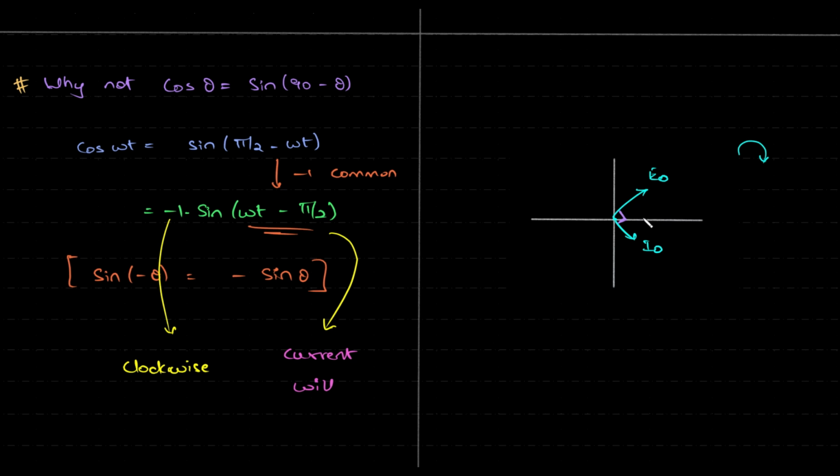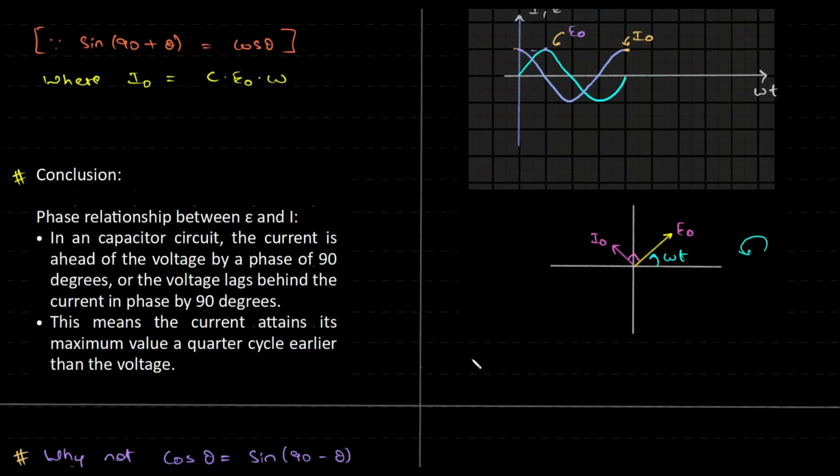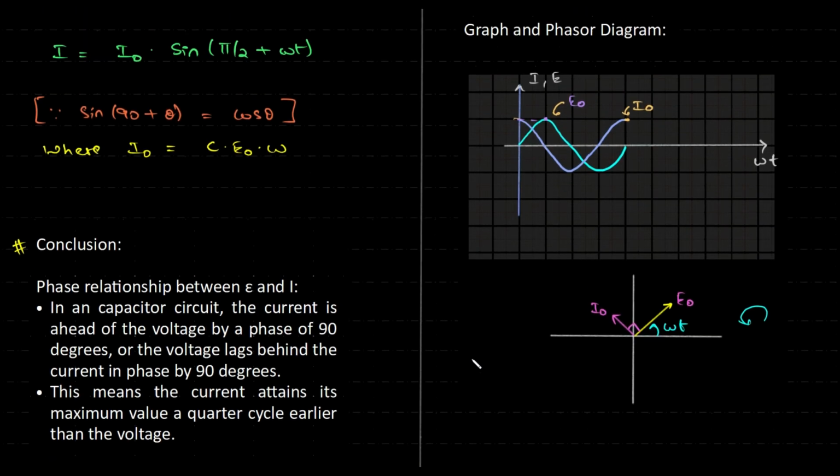So this is how it would be. Minus 90 means this way. That's minus 90 for you guys. Okay, does it make sense? So basically, this also shows the same thing, just that it is the other way around. That's it.